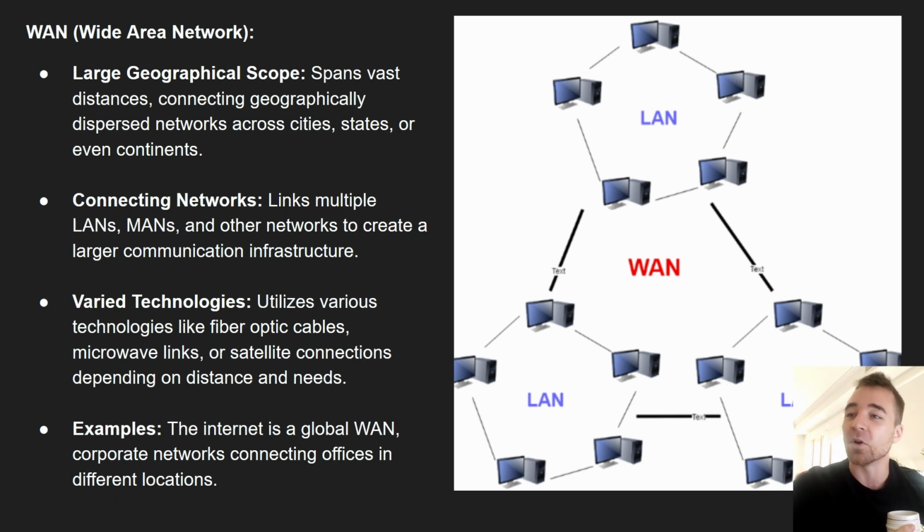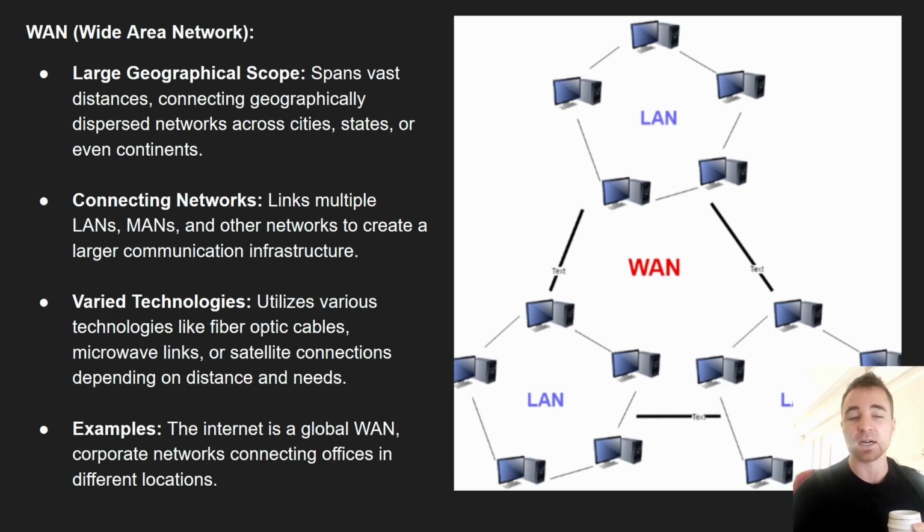A wide area network is a large geographical scope. So if we take a look at this image, which again, I just found on Google, you've got multiple different local area networks. So these might be, just for example's sake, we'll say they're all someone's houses, right? They're all different houses. And then the wide area network connects these local area networks together.